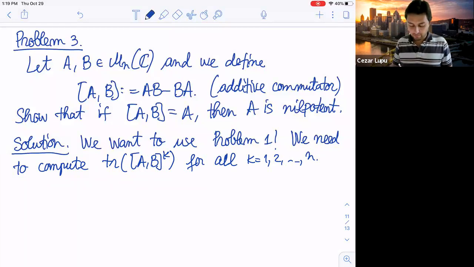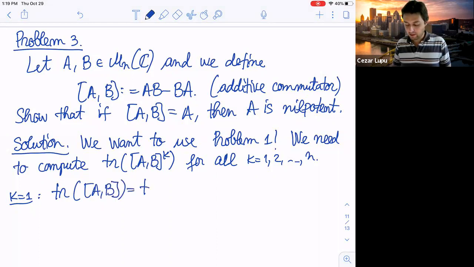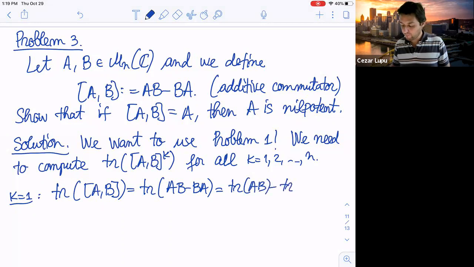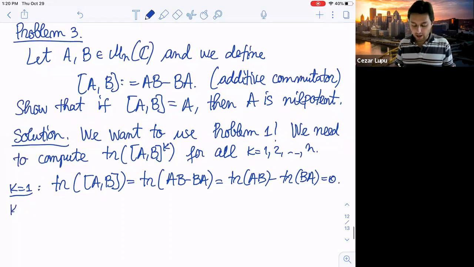For k equals 1, what do we have? Trace of the bracket [A,B], and if you look at the bracket, it is nothing else than trace of AB minus BA. And this is trace of AB minus trace of BA, but this is 0. All right, so this is 0. Now let's see for k equals 2.